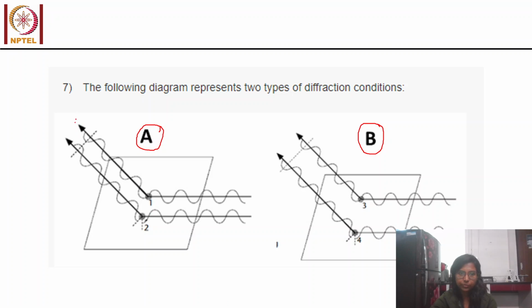This is my wave 1, this is my wave 2, and what are we seeing? From here we are seeing that it is coming in phase. So when this is the maxima, here is also the maxima if I try to draw a straight line. When it is coming, the two waves are in phase.